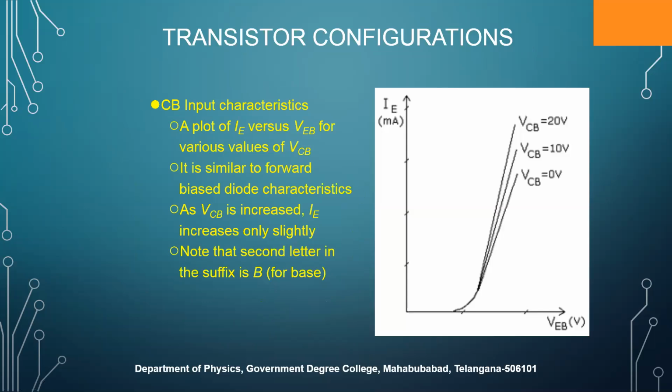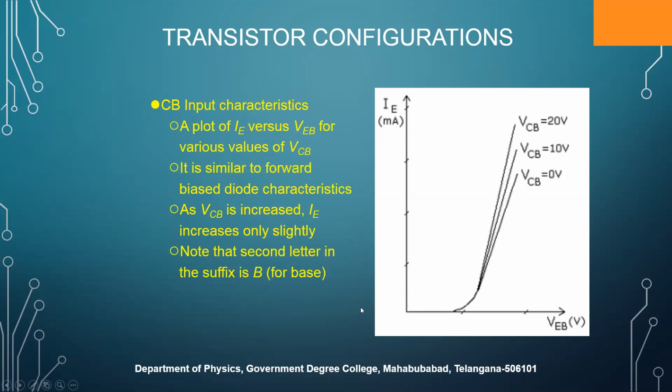In common base configuration, the input characteristics of the transistor will be like this. We take VEB on the x-axis and IE on the y-axis. If we plot VEB versus IE for different output voltages, VCB 0, VCB 10 volts, VCB 20 volts, we get curves like this.